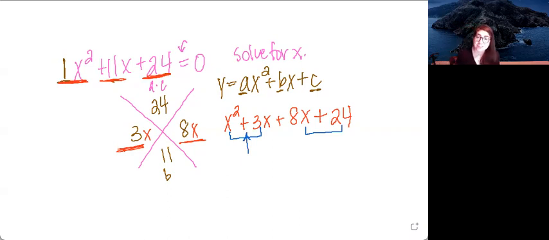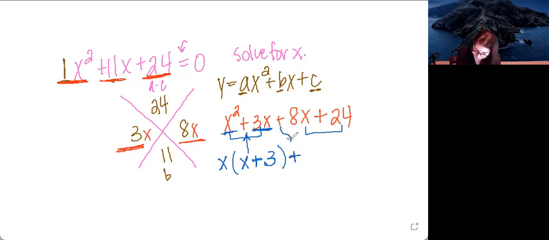Well, from an x squared and a 3x, they both have an x in common. So I'm going to take out the x. And then in parentheses, because I'm dividing out an x, what's left? Well, if I take an x out of x squared, I'm left with just 1x. Plus, if I take out the x from the 3x, I'm left with just a 3. So x plus 3.